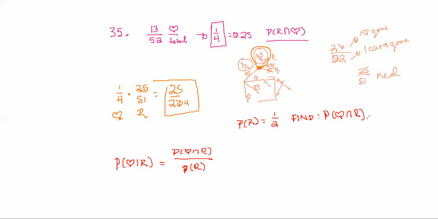So the probability that if it's a red card, it is a heart. That's 1/2. But the answer to this is not 1/2 divided by 1/2.